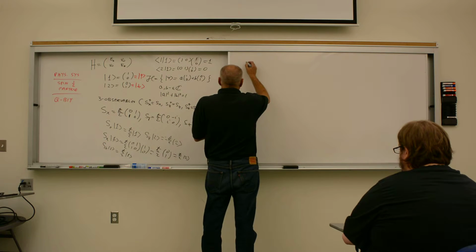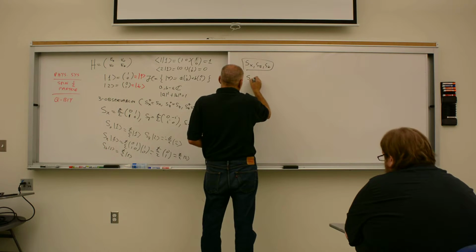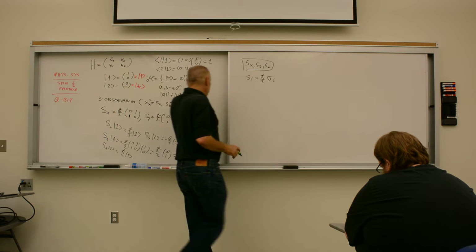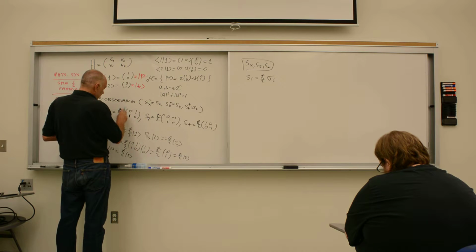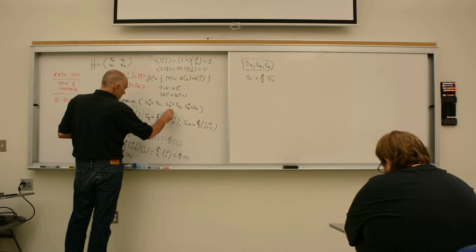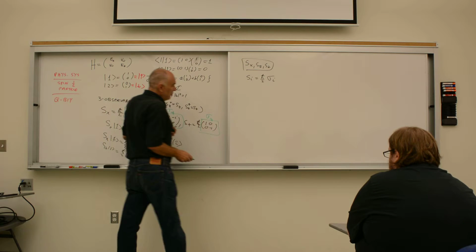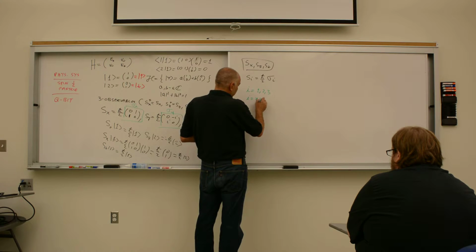These operators Sx, Sy, and Sz are commonly written in terms of so-called Pauli matrices, sigma i, where these here are Pauli matrices. And I'm interchangeably using notation where i can stand for 1, 2, or 3, or i can stand for x, y, and z.